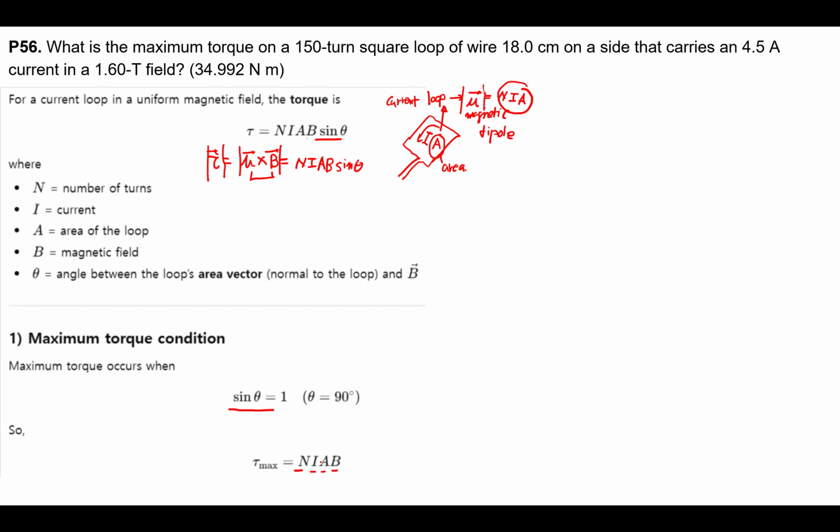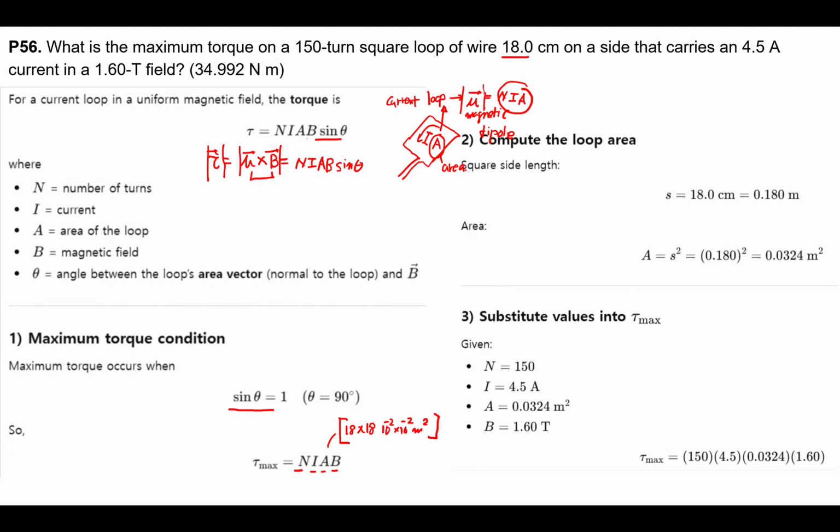And the area is given. The area is 18 times 18, squared, and a centimeter is 10 to the minus 2 meter, so the area is in meter squared. Then use N, I in ampere, area in meter squared, and B in Tesla.